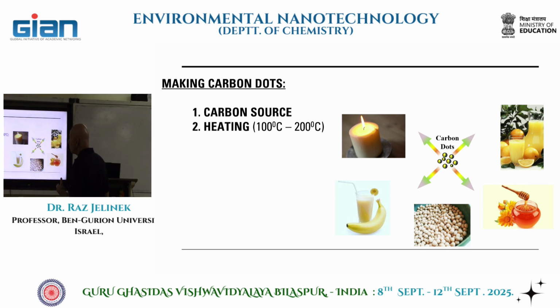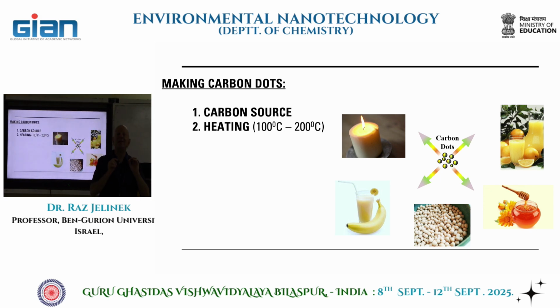And the way to make carbon dots is actually extremely simple. You don't need to be a top scientist to make carbon dots. Basically, you can take these materials. You know what's common about these materials?